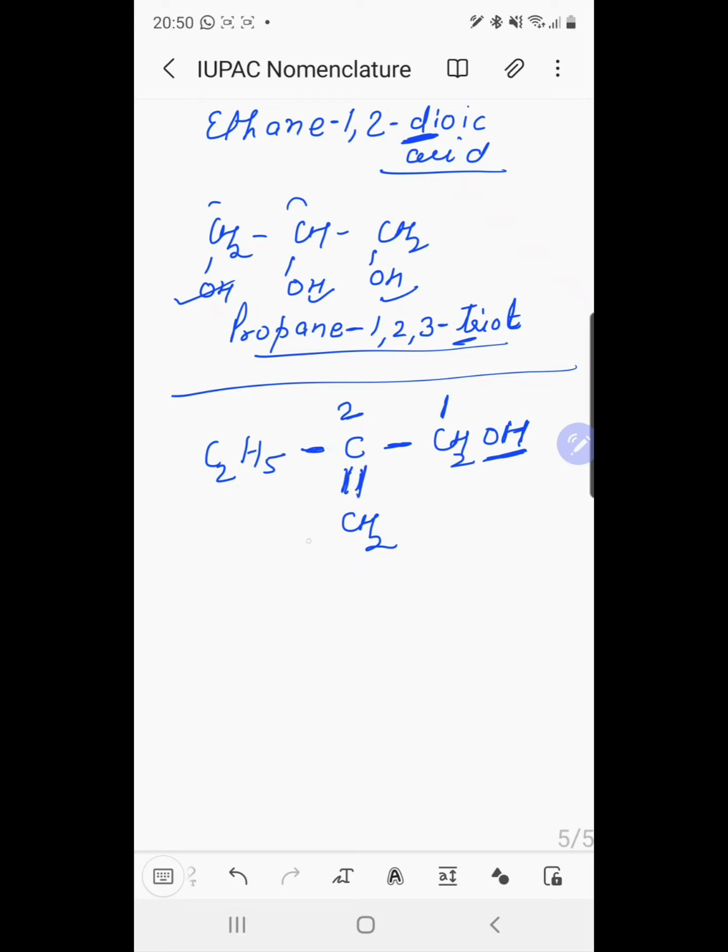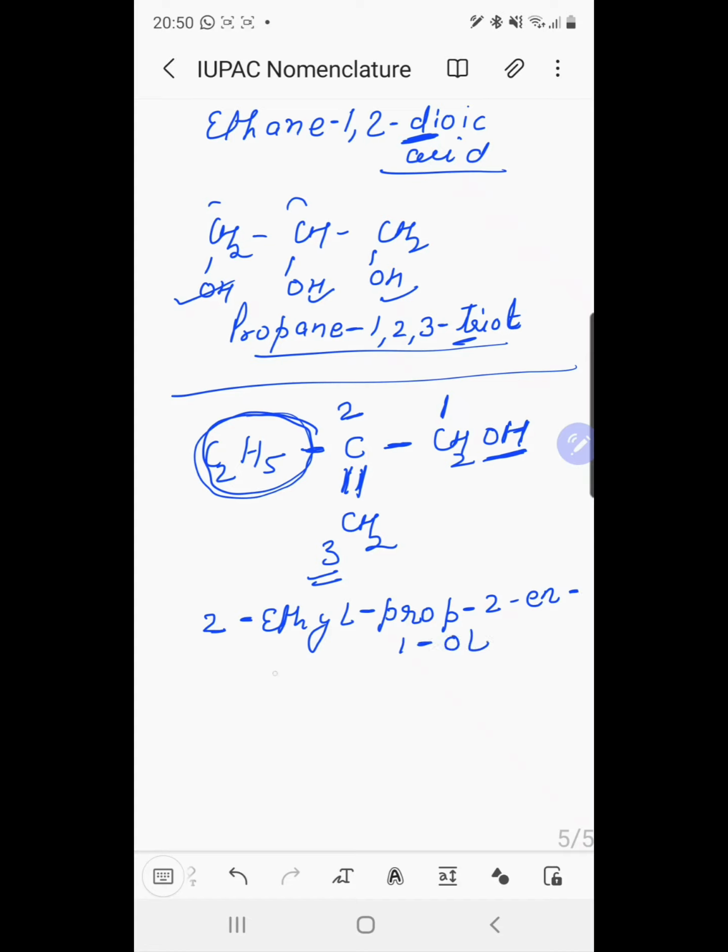We will go this side: 1, 2, 3. At the second position we have a substituent, an ethyl group, 2-ethyl, and a 3-carbon chain. So the basic name will be 2-ethylprop-2-en-1-ol. So this is the name of the compound.